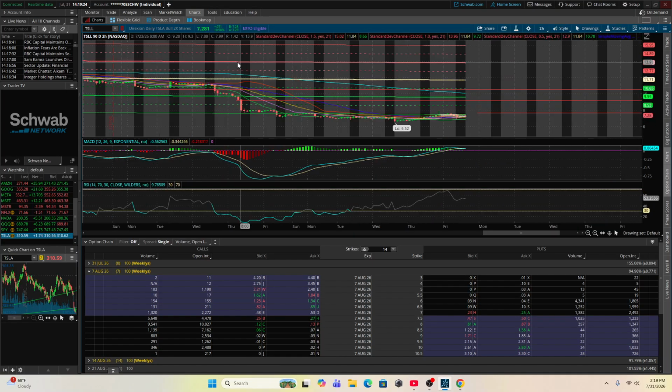If Tesla closes above $7, which it does here, that expires worthless. We collect the premium. We collect the 25 cents. That 25 cents can now be applied to lowering the cost basis of the first 500 we actually own.